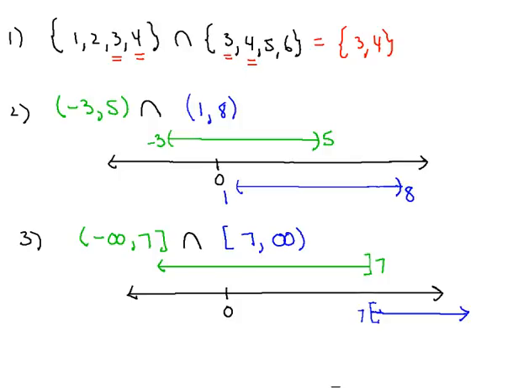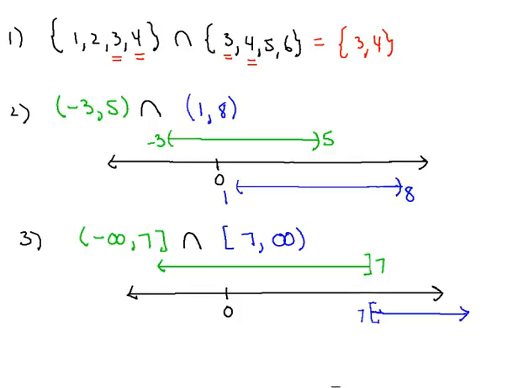Now our next example consists of two sets that we would call continuous sets because there are infinitely many numbers, if you will, in each set. It's often helpful in these cases to use the number line to help us decide what the intersection is. It's a more visual way to help us in that final determination. Our first set, in green, consists of all the elements between -3 and 5.